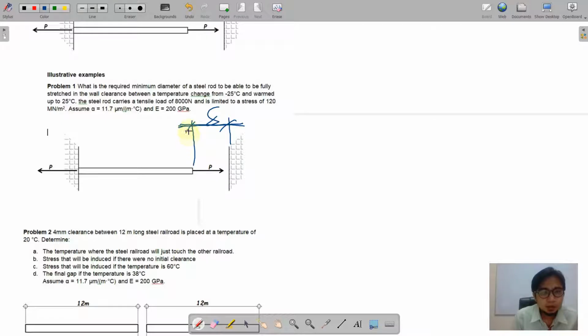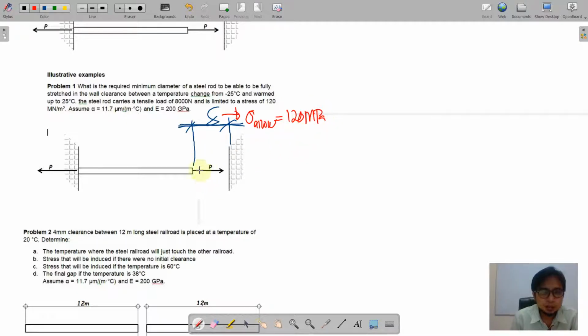This delta is bounded by a stress limit of 120 megapascals, meaning this deformation cannot exceed the allowable stress of 120 megapascals.